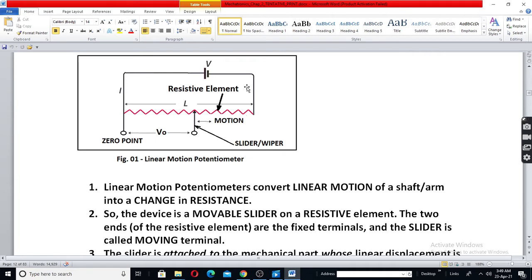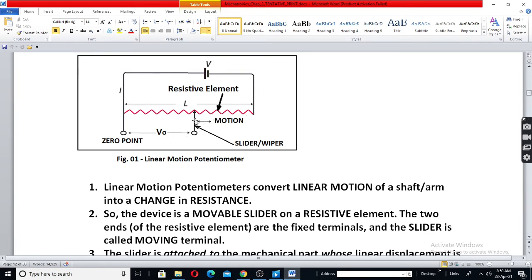See, you have already given a voltage here to the full resistive element. This is the reference point or 0 point. This is the slider or wiper in a potentiometer, you know that, or a rheostat. As you vary this wiper from the reference point, you will get a voltage here.